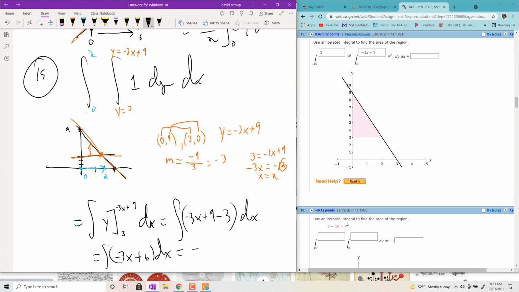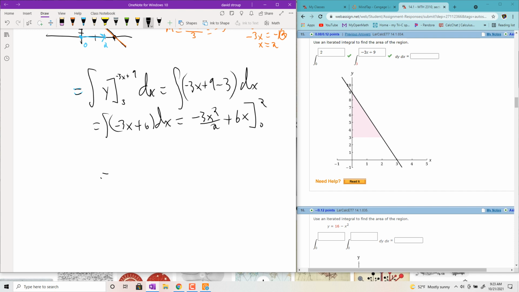And then that will be negative 3x squared over 2 plus 6x from 0 to 2. And then that will be negative 3 times 4 over 2. That would be negative 3 times 2, which is negative 6, plus 12 minus 0, which will be 6.